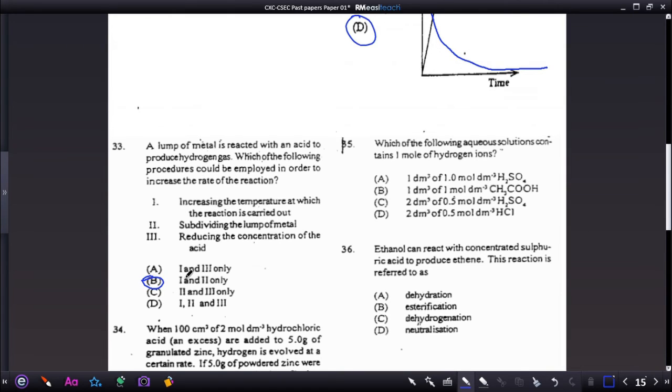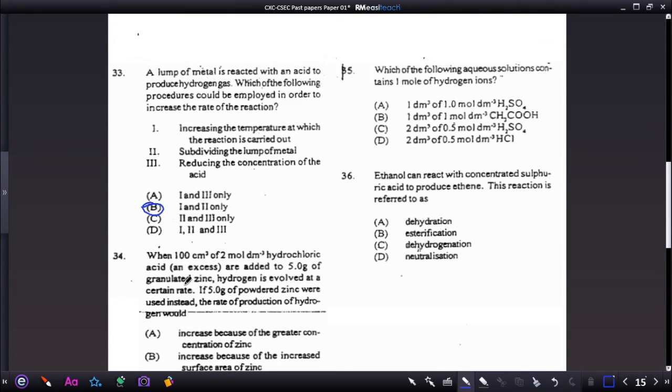34. When 100 centimeter cubes of a 2 molar hydrochloric acid are added to 5 grams of granulated zinc, hydrogen is evolved at a certain rate.